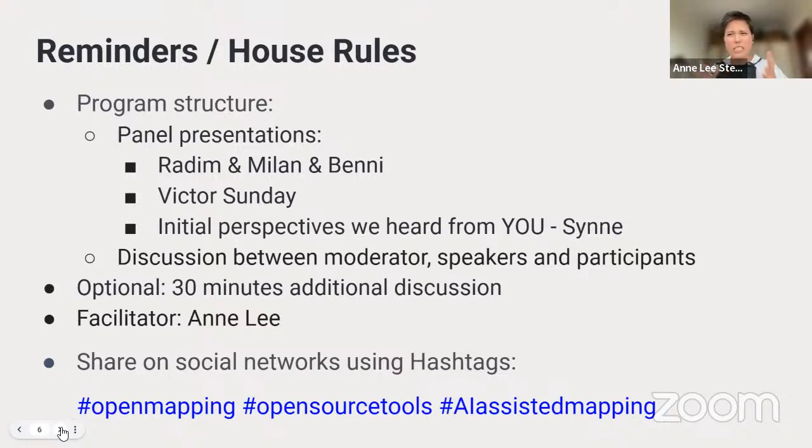Then we'll have a moderated discussion between the speakers, but also really hoping to learn from you all in the audience. We also have an optional 30 minutes after this hour-long timeline for people to ask questions, expanding into further time as we need.